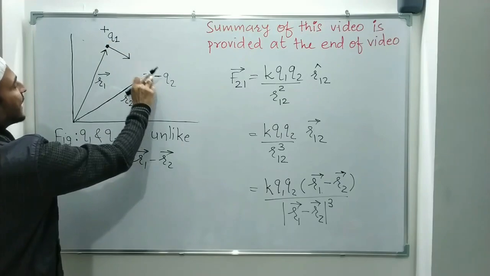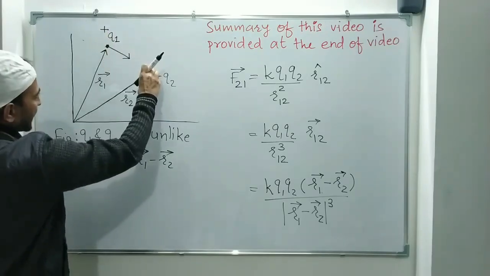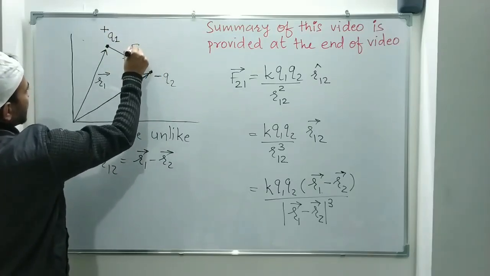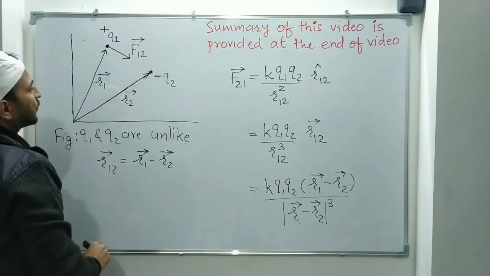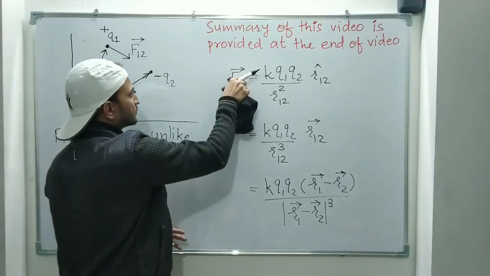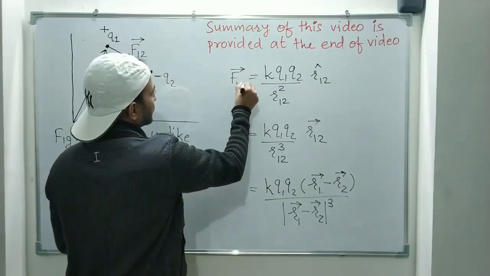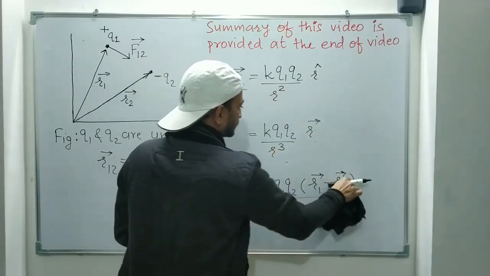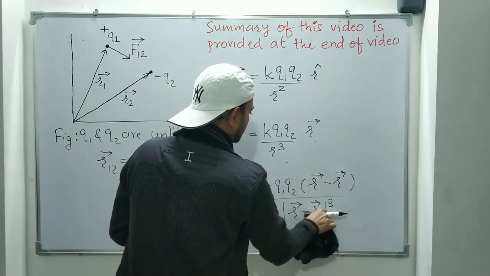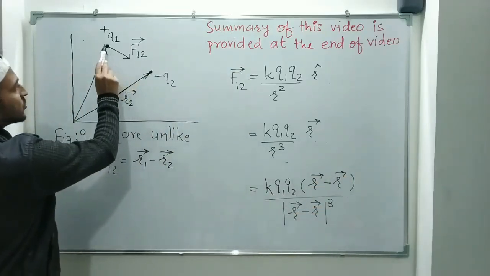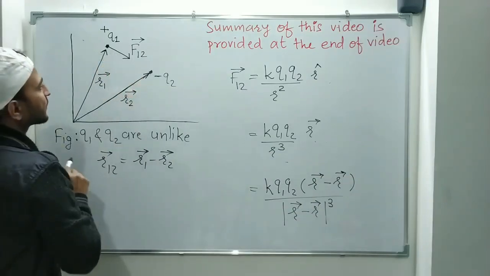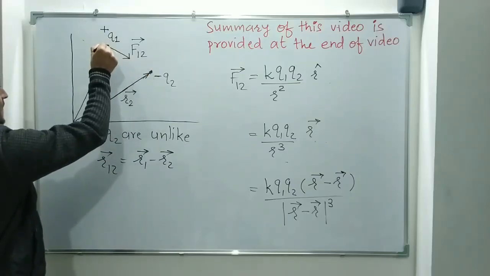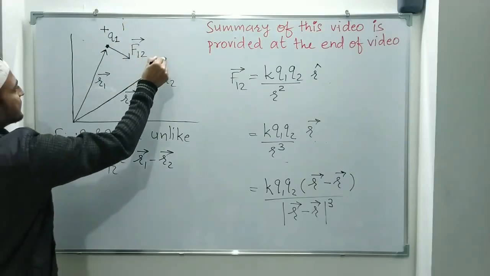Q2 will attract Q1 in this direction. Q2 attracts Q1. So this is F12, the force on Q1 because of Q2. It starts from Q1 and ends at Q2. This is initial, this is final.